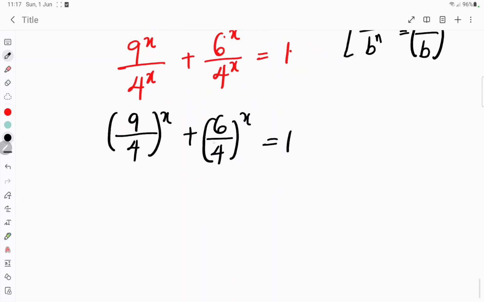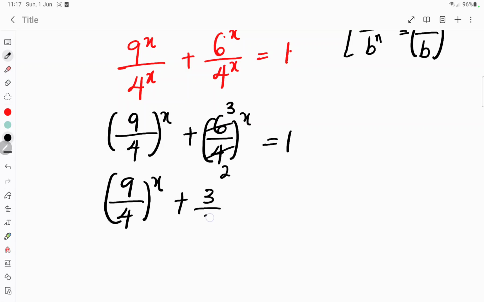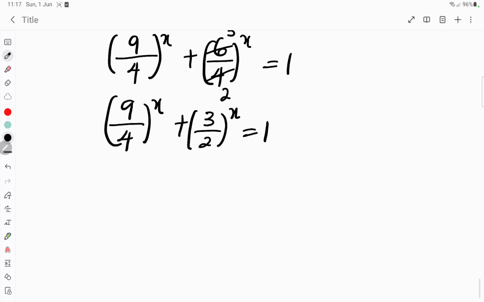Good. On getting this, you see that 6 over 4 can simplify to 3 over 2. So we have (9 over 4)^x plus (3 over 2)^x equals 1. Again, you know that 9 is equal to 3 times 3, and that's 3 squared, right?